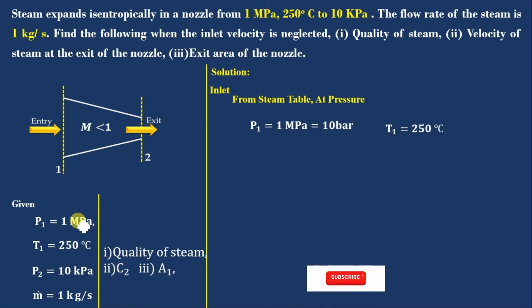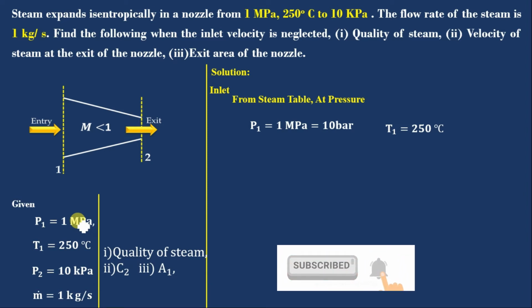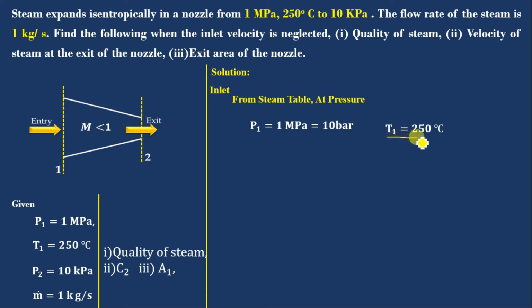First we need to know what type of steam it is. If you check the question, they have not mentioned the type of steam. So keep this temperature as it is. For this pressure, find out what is the saturation temperature. Already we have taken that, it is 179.9 degrees Celsius.